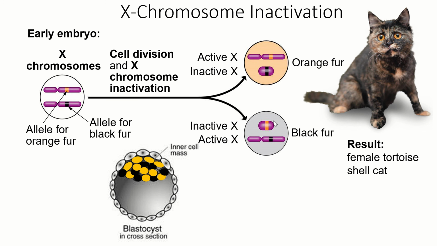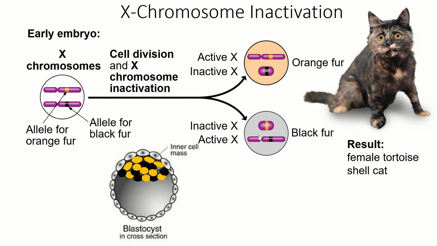Both the orange allele and the black allele are present, and in each cell, one of the alleles is packed away and the other is expressed. So orange and black are codominant to each other. That's the inheritance. The mechanism of that expression is through X-chromosome inactivation.